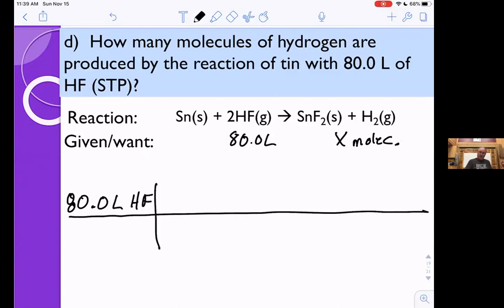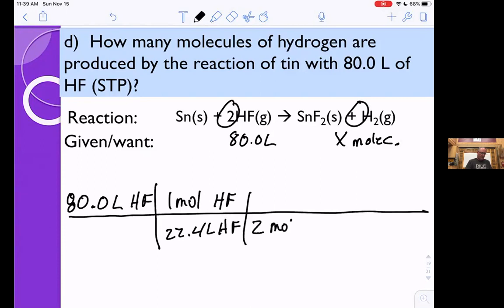To change from HF to hydrogen, the only way I'm going to be able to is my mole to mole ratio. I need to change this using 22.4 liters of HF, or 1 mole of HF. I can use my balanced equation. There's a coefficient of 2 for my hydrofluoric acid and a coefficient of 1 for my hydrogen gas. And then 1 mole of hydrogen here, it did not ask for liters.